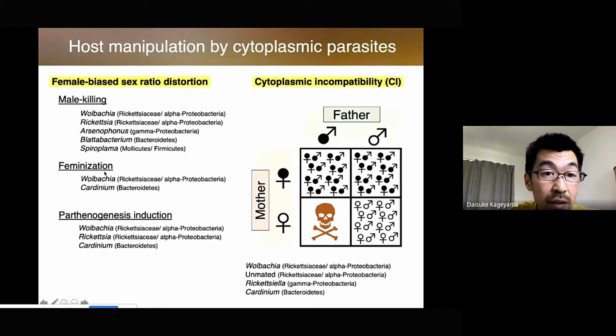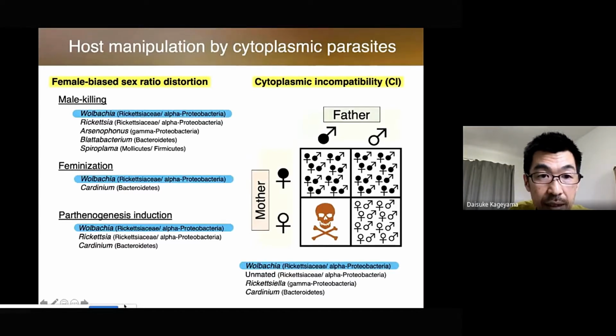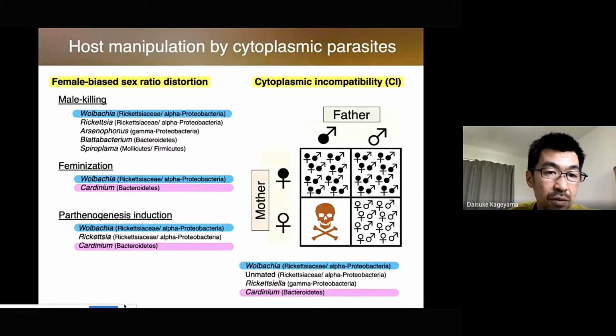And for the causal agent, you can see there are many different kinds of bacteria, but Wolbachia, this rickettsia-like bacteria, is found in every category. Another one is Cardinium. This is quite distantly related to Wolbachia taxonomically, but it causes 3 different phenotypes.